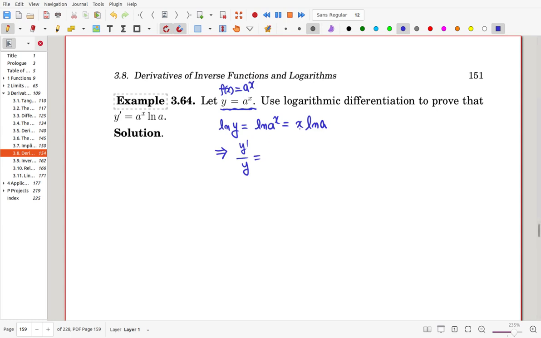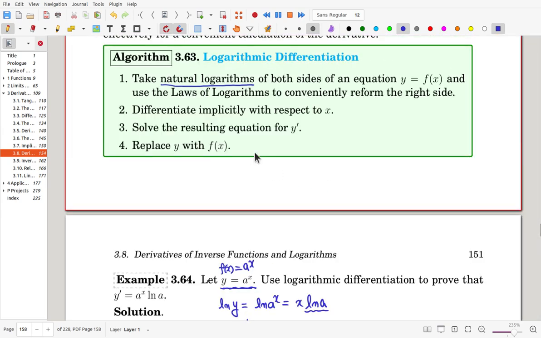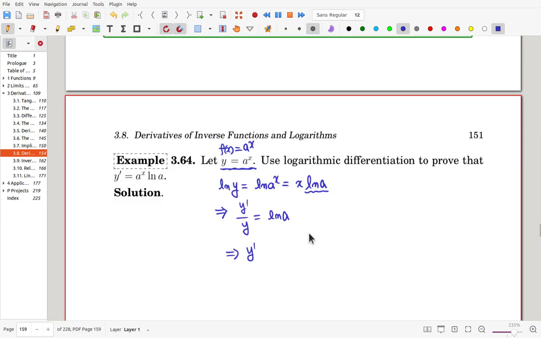We have only this constant and the x term, so the derivative of x is 1, and we have just the constant logarithm of a. So we reach y prime, and now we solve for y prime. That is y times the logarithm of a. And what is y? y is a to the x, so the derivative is a to the x times the logarithm of a. We proved that, right?